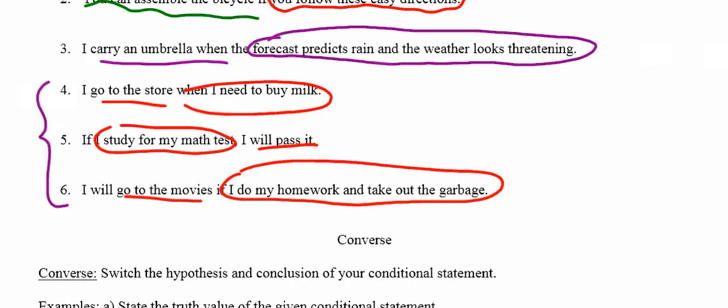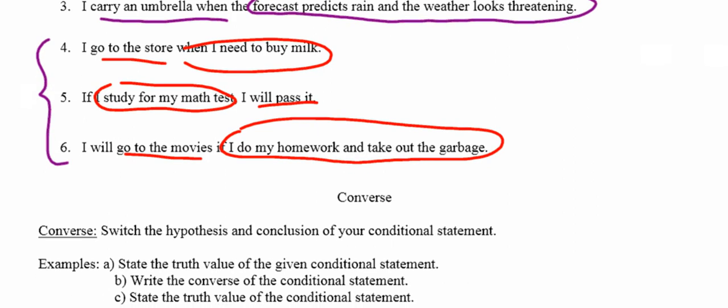Okay, go ahead, check your answers for 4, 5, and 6. Make sure that you circled the same things that I circled and underlined the same things that I did. If you don't have any questions about any of those, we'll talk about converse. If you do have a question, I want you to jot it in the margin right now so that you'll remember to ask me about it the next time you come to class.